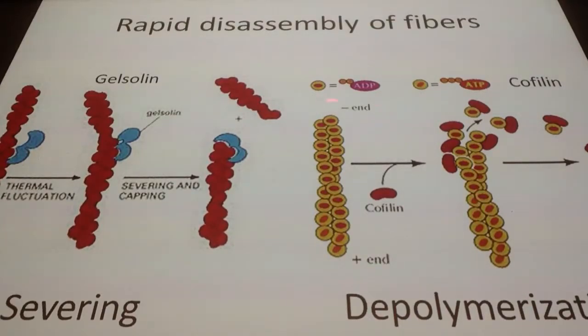If the minus end or plus end were free, but you don't have cofilin around, guess what? You have no disassembly or no depolymerization, right? And without gelsolin, there's no severing. Okay, so in addition to that, there's more.